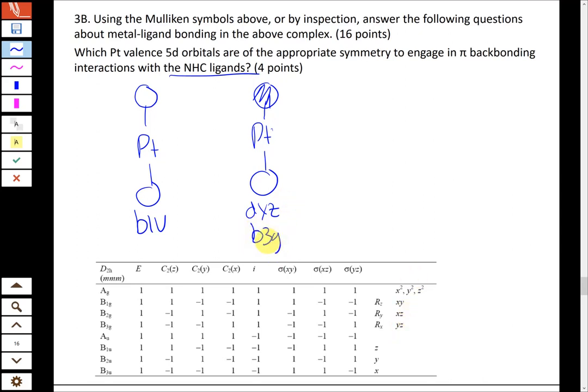All right, so we got the B3G representation from that orbital, and that, again, in the character table matches up with dyz, either from the character table or by inspection. So dyz would be the correct answer for this one. That's the orbital that can interact with these two p orbitals. It has density in the y and z directions. These two ligands are in the y-axis and have their p orbitals facing the z direction.